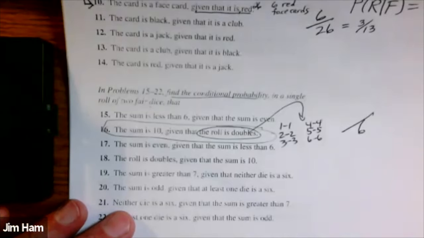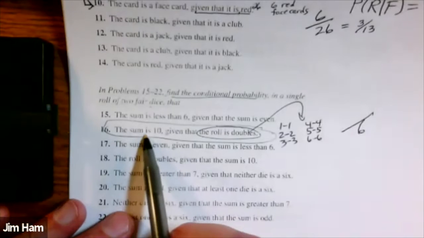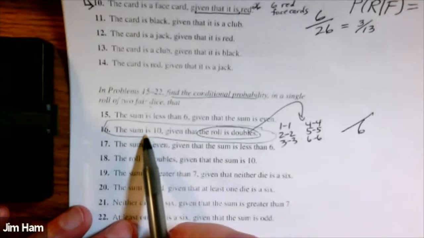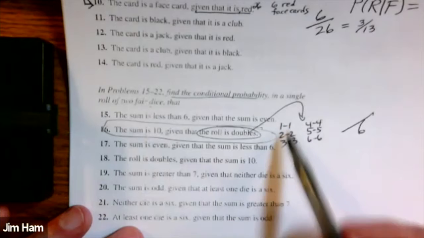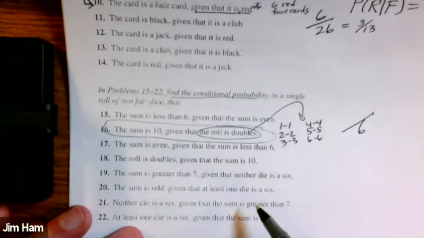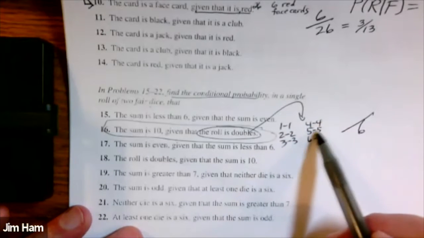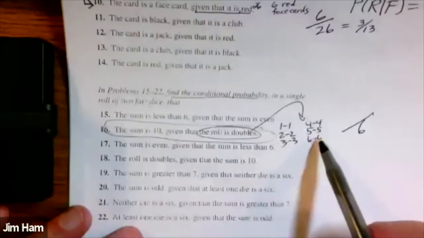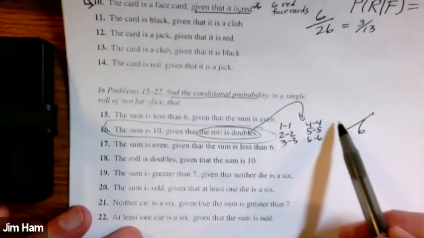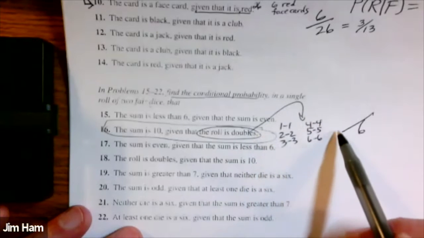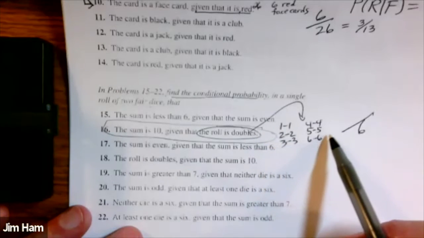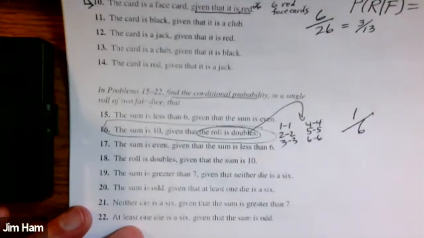Out of those 6, how many of them give you a sum of 10? Sum of 2, 4, 6, 8, 10, 12. Of the only 6 rolls that we're considering here, the doubles, how many have a sum of 10? Just the one. Here's the answer to number 16, 1/6.